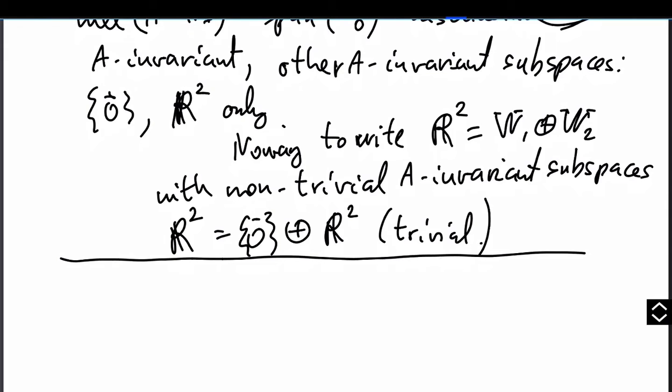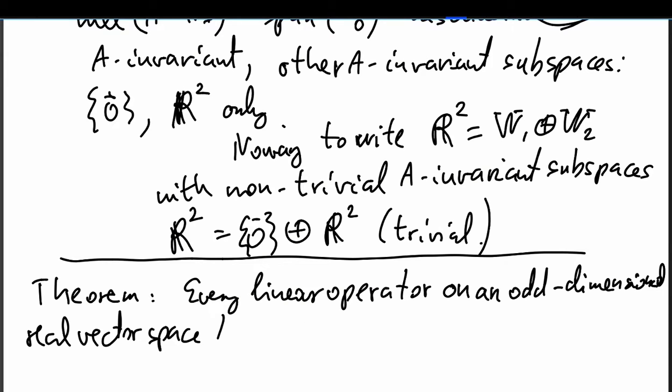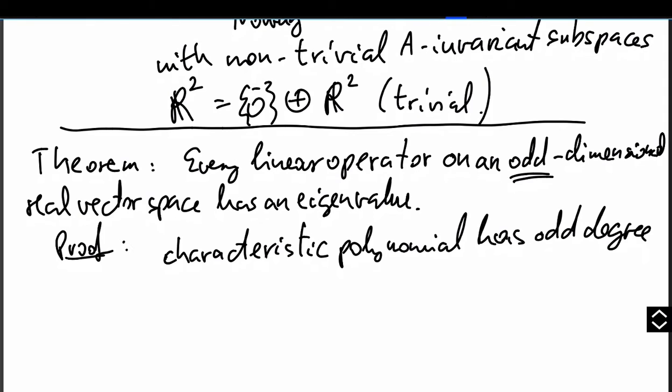So finally, the last result in this section is the following theorem. Every linear operator on an odd-dimensional real vector space has an eigenvalue. The proof of this theorem is actually based on a very simple observation: if you have an odd-dimensional real vector space, then the characteristic polynomial has odd degree. And that means that, for example, if you have a cubic polynomial, then as x approaches infinity, it goes to positive infinity.